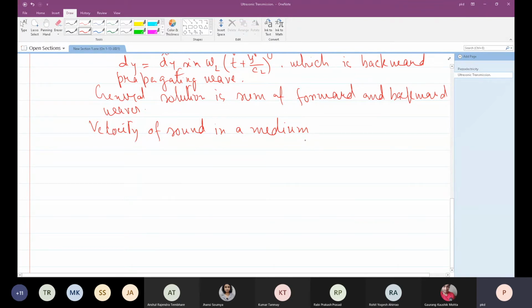As you all know, in solid the velocity is higher, in liquid the velocity is lower, and in air still lower.